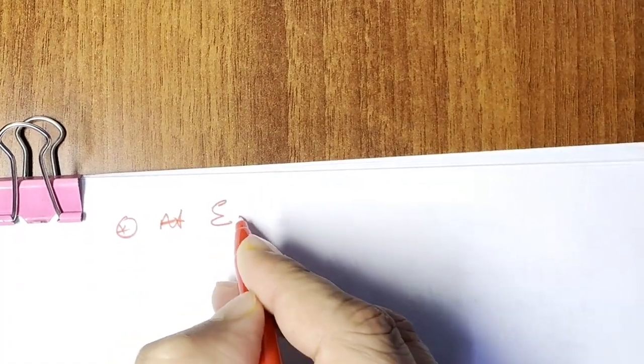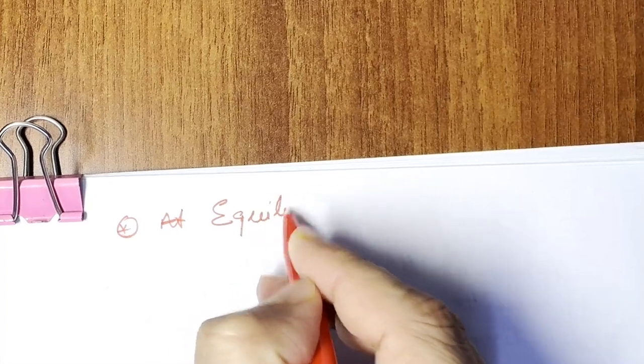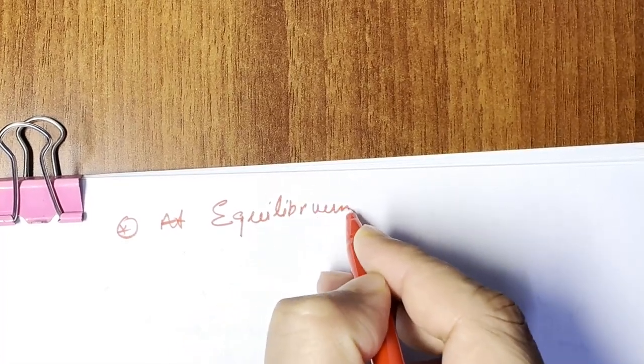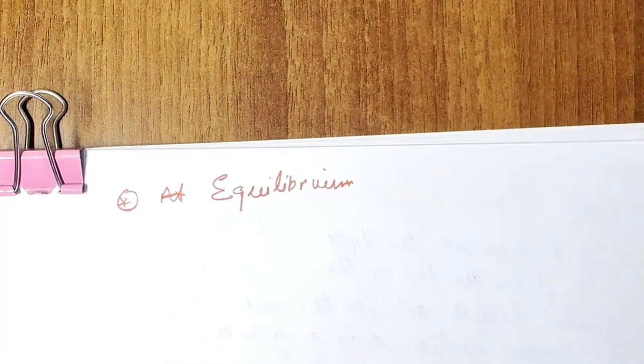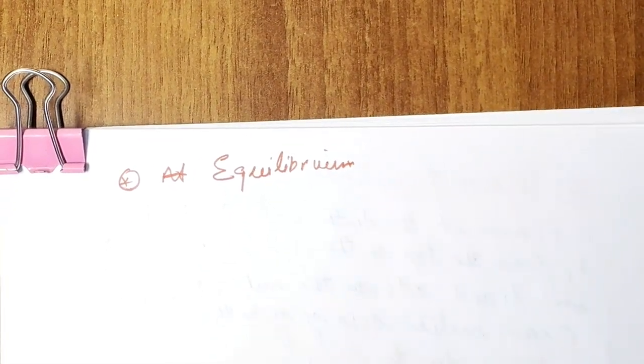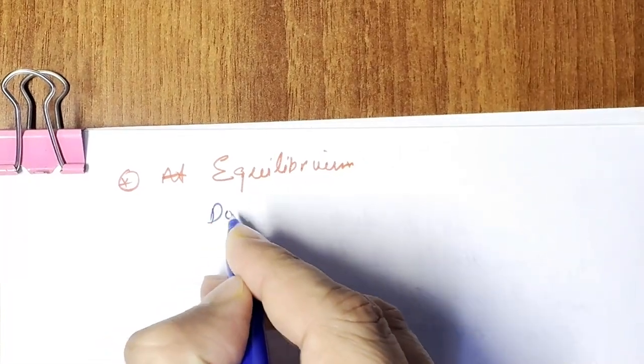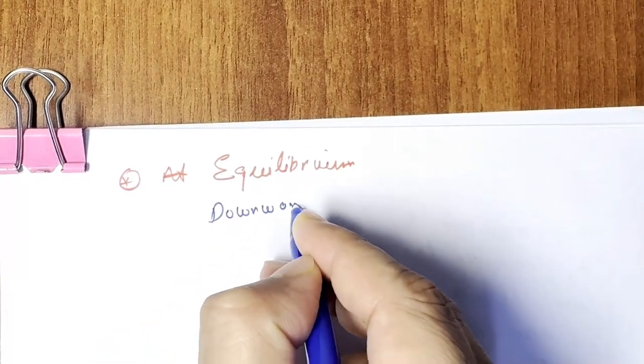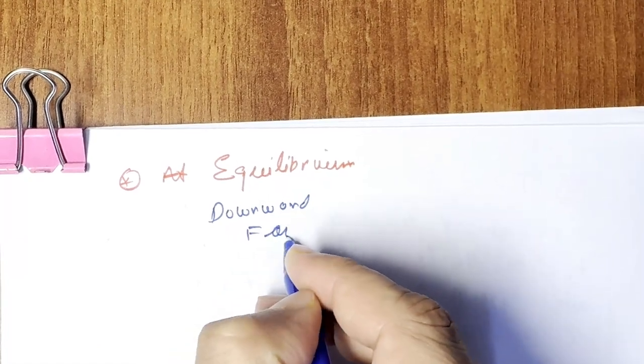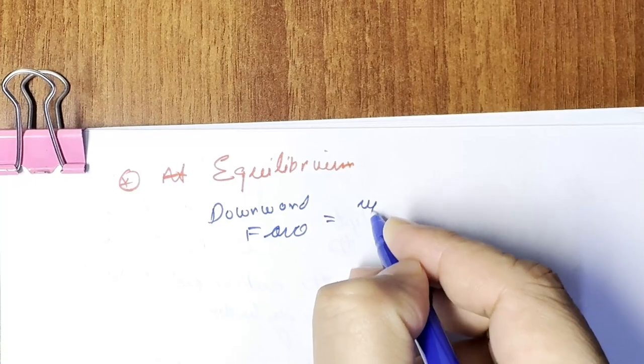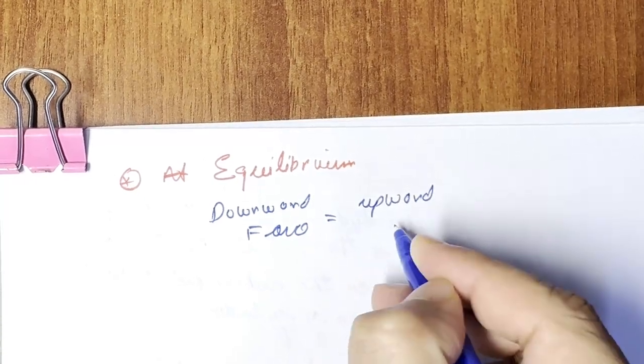Now we are simply going to equate all these force equations. At equilibrium, downward force will be equal to upward force.